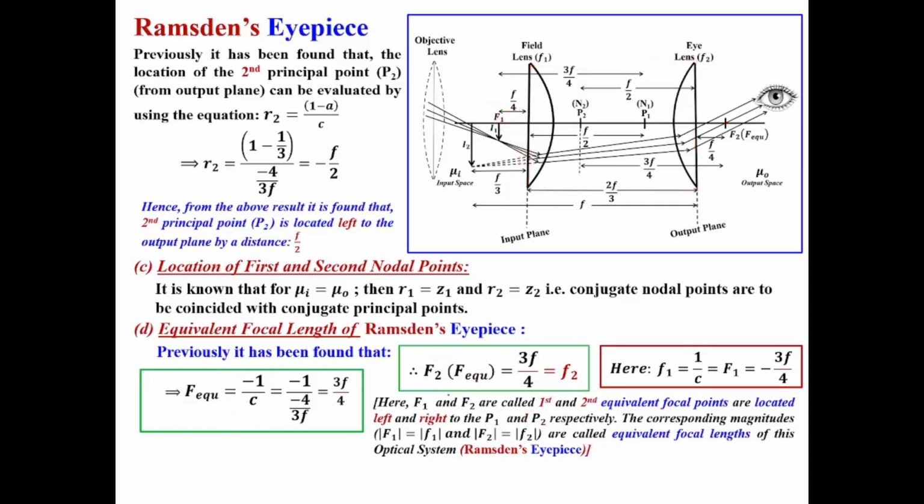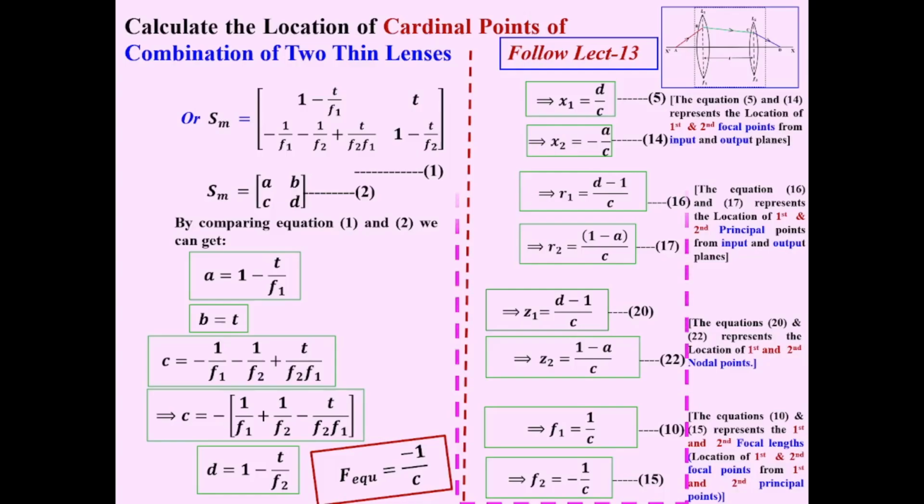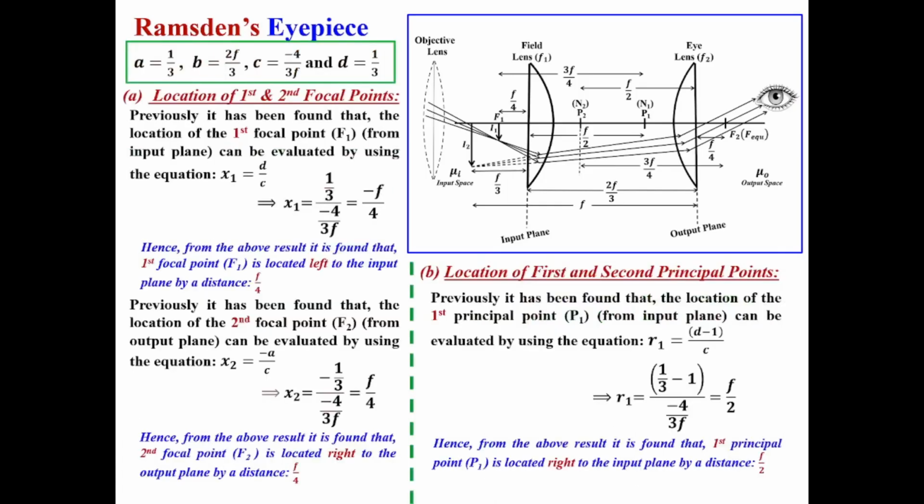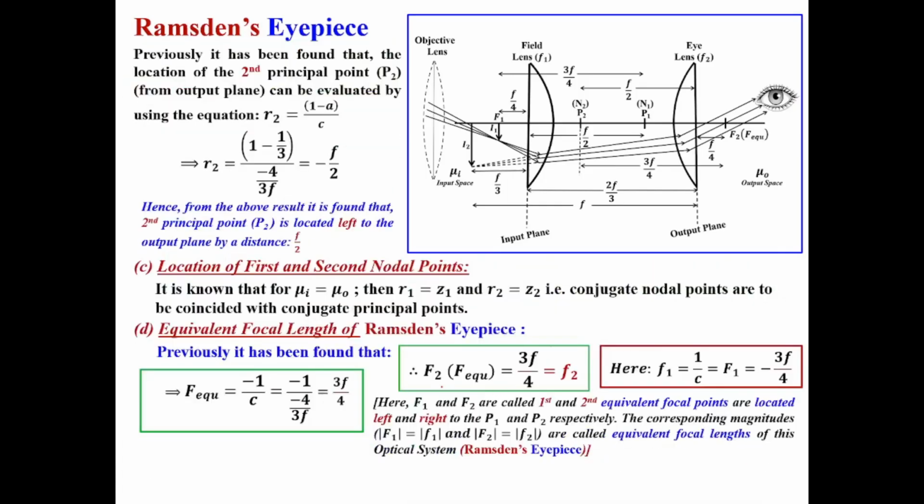Okay, so capital F2 is nothing but F equivalent, or its value is equal to small f2, as per our lecture number 13. So small f2 is equal to capital F2, and in general it is called F equivalent.